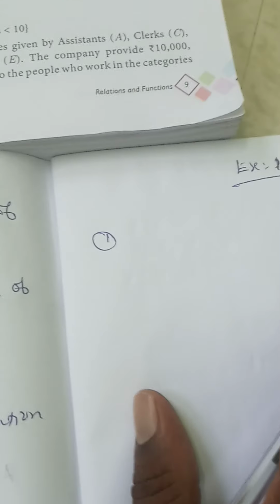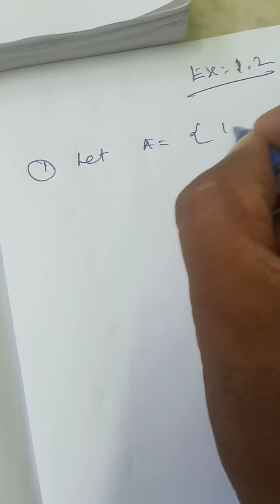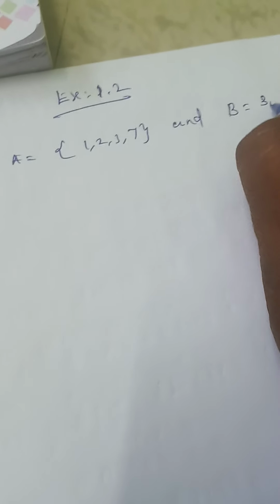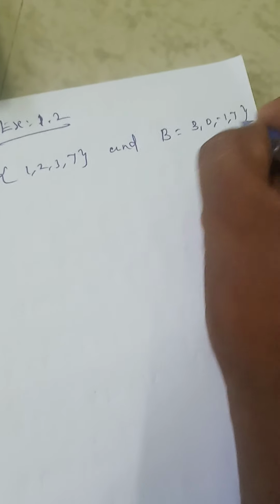That's all. Okay. Then let's go to exercise 1.2. First Roman: let A equal to {1, 2, 3, 7} and B equal to {3, 0, minus 1, 7}.